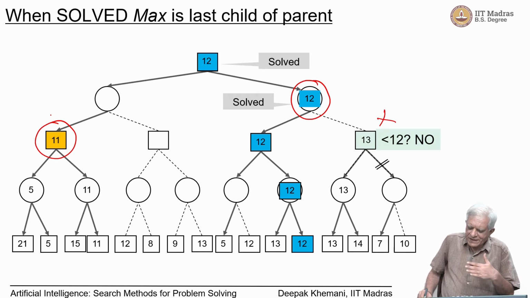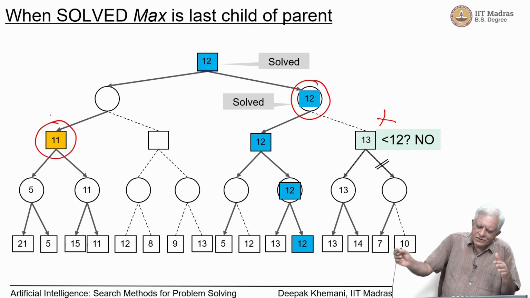That 11 cluster is a max node, this 12 cluster is a min node essentially. And we will see in this algorithm that when a min cluster is solved, we can label its max parent with the same value, and the reason for that is that we know its value is 12, and it is the better of the two clusters 11 and 12. The other cluster, which represents the left choice for max at the root, has an upper bound of 11 essentially.